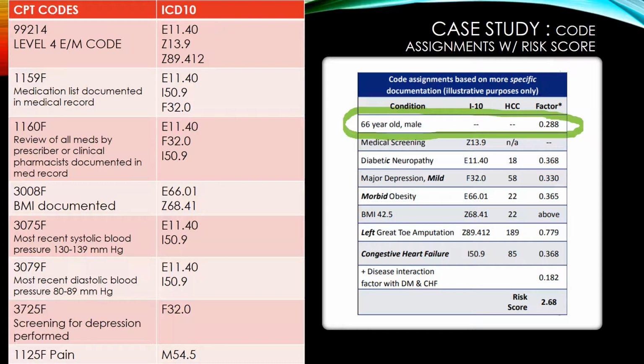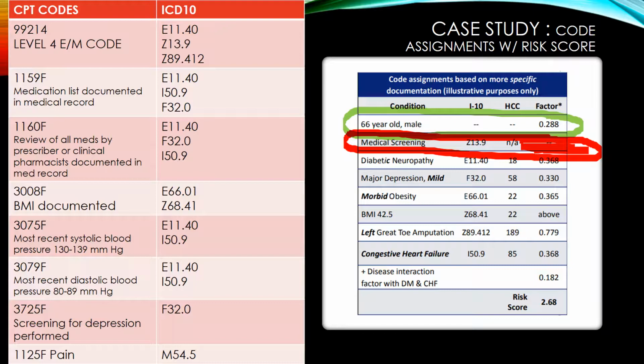This goes hand in hand with what I said, that the risk score sums up the demographics and the health status. The 0.288 is just the demographics, okay? Next, from the assessment plan, it says medical screening, which is not a risk factor, so they did not give you anything, okay?